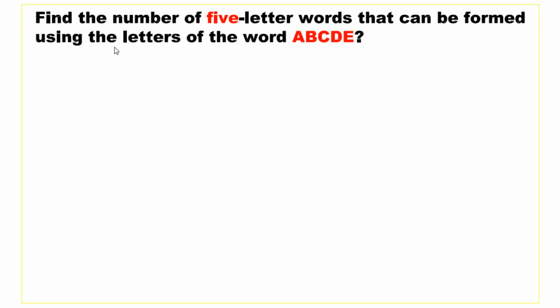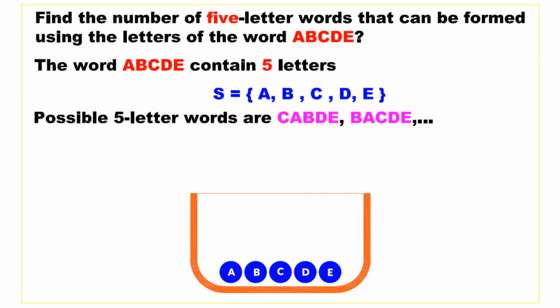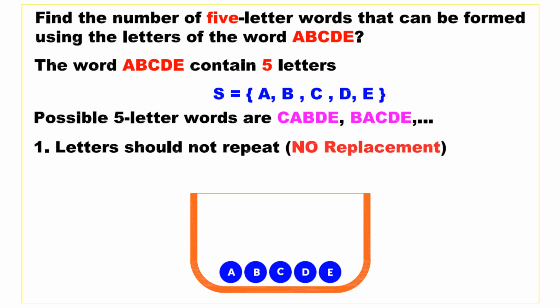Find the number of 5-letter words that can be formed using the letters of the word A, B, C, D, E. So this word has 5 letters, and we can create different words by changing the order of these letters, such as the word C, A, B, D, E. In this case we notice that letters do not repeat in this word, so we have no replacement.